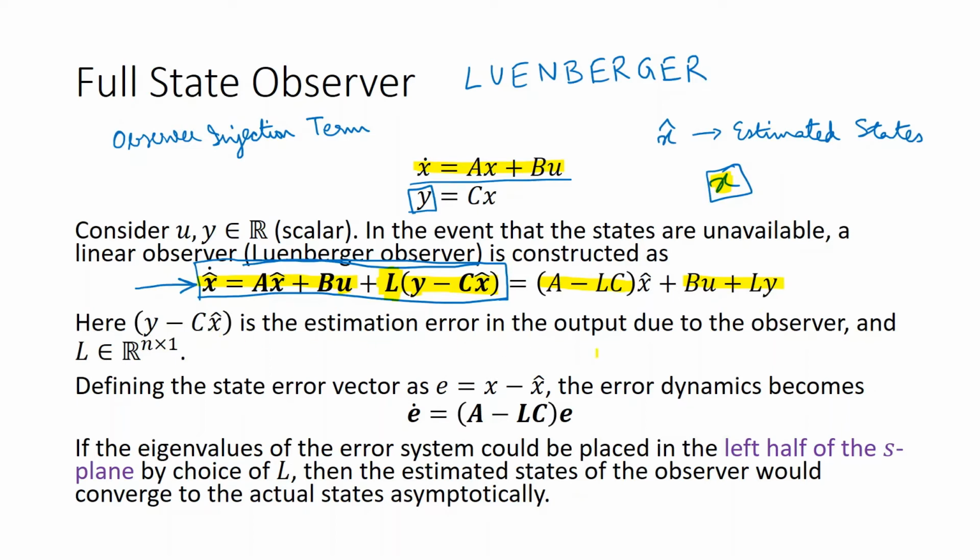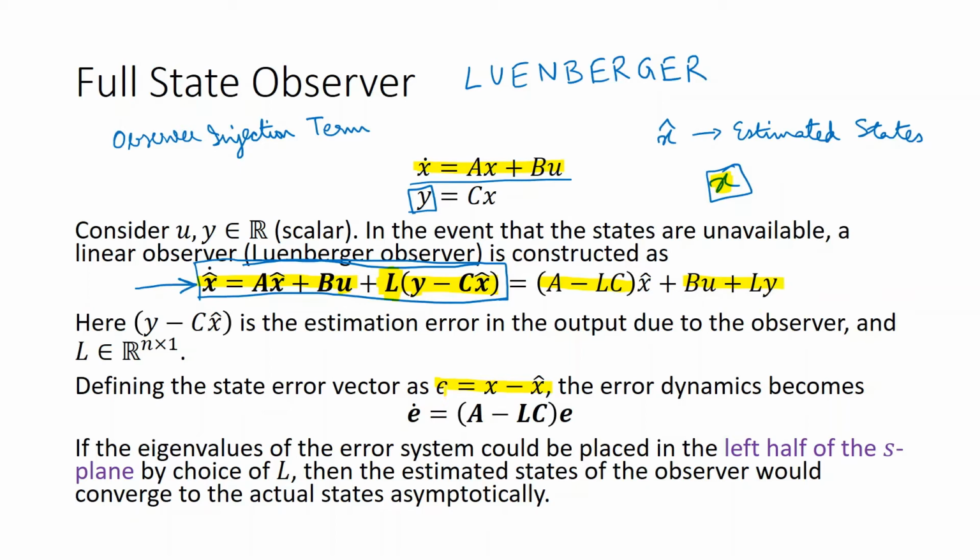This is the estimation error of the output due to the observer, as I already told you. Now our intention is to have x hat approach x asymptotically. So we need to make an error system here also. We make an error system by defining the error as e equals x minus x hat.